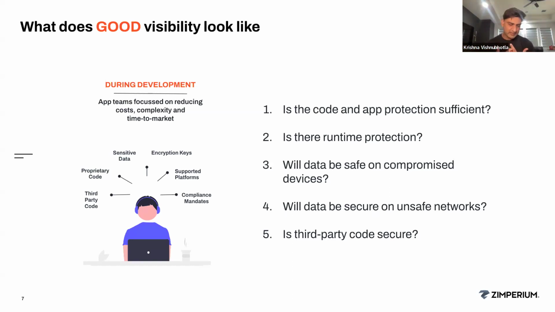They are looking at whether code quality is good, or whether they're using good SSL libraries. You have a lot of SCA tools that check whether the licenses of third-party tools are healthy or not. But they don't have something that looks at the mobile app and gives them visibility into code protection and runtime protection.